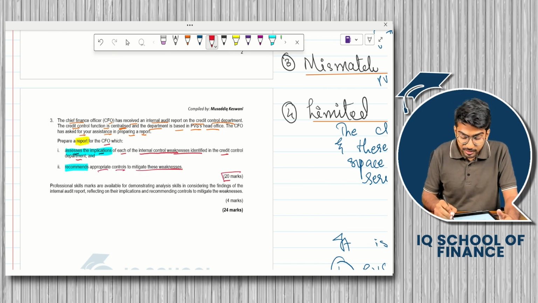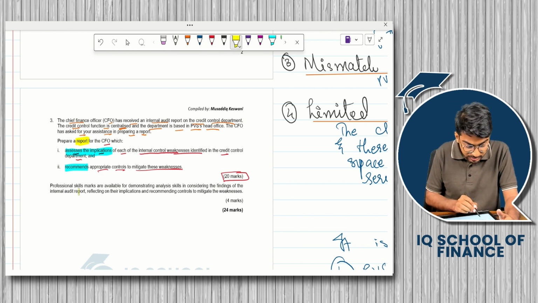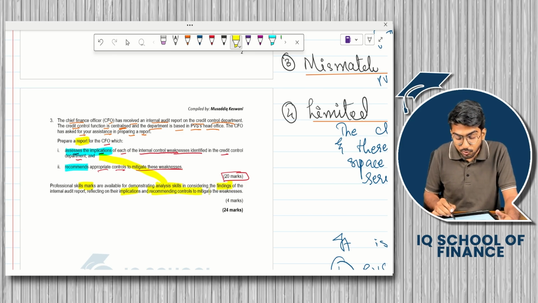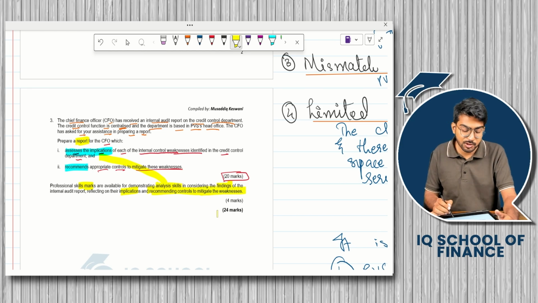Overall we are given 20 marks, and along with that, the professional skills marks are available for demonstrating analysis skills, because we have to assess the implications in considering the findings of the internal audit report, reflecting their implication and recommending the controls to mitigate the weaknesses.